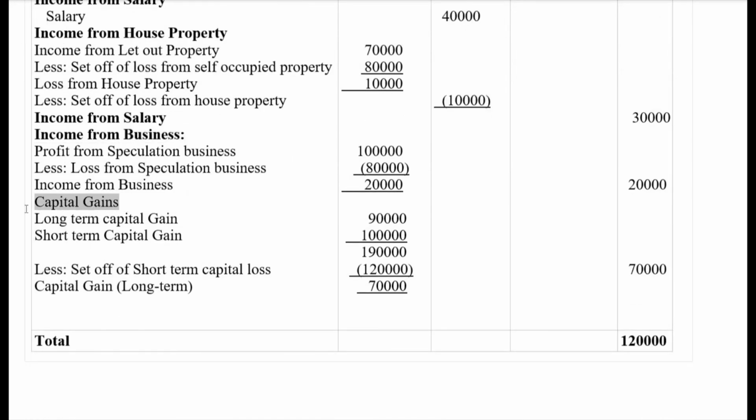Then we have capital gains. So this is how we need to calculate here. Of course, there are no notes required here, as we have considered all the things here and which is adjusted.